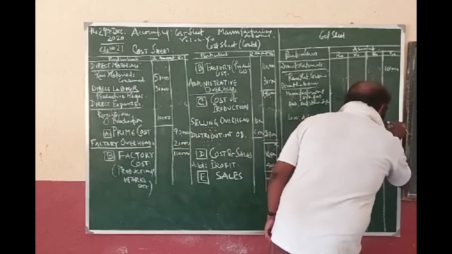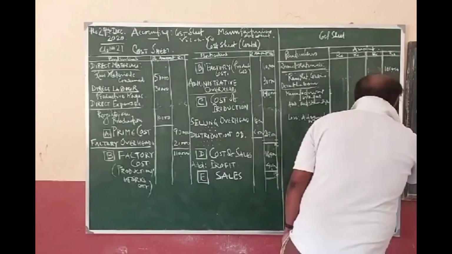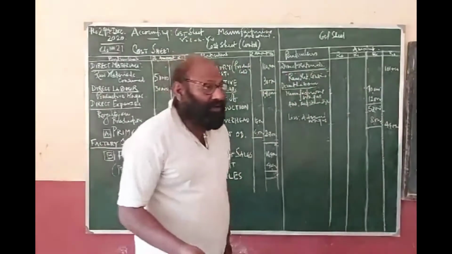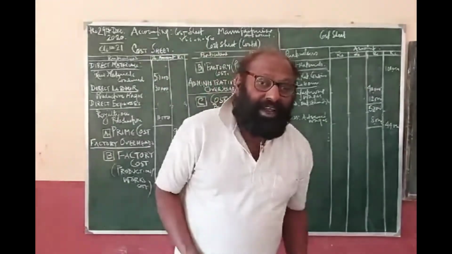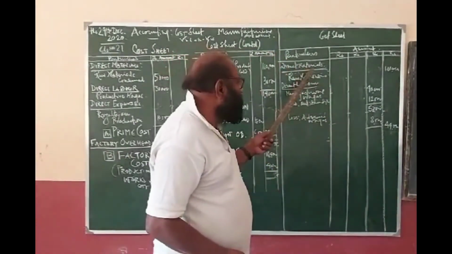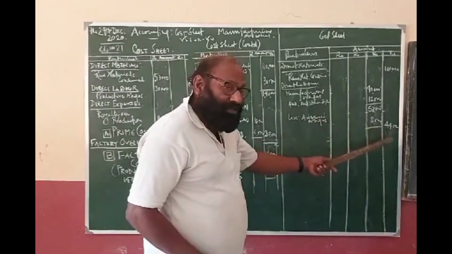So this is the amount of labor. How much is it? It is 44,000. So friends, for getting our prime cost, we have already taken up two items. One is direct material, 1,01,000, and direct labor, 44,000.